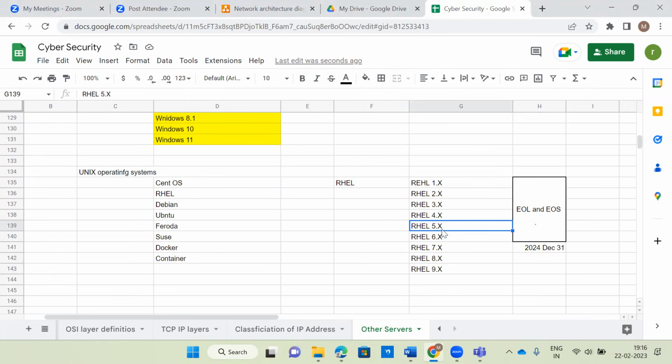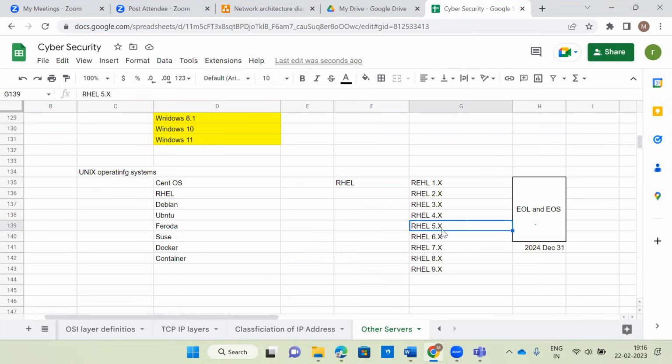That is long back EOL and EOS, in 2020 itself. But still we are using RHEL 5.x and 6.x, so there are a lot of vulnerabilities existing. Why? Because the vendor itself is not providing any patch updates, so our patch management team is not doing any patch updates.